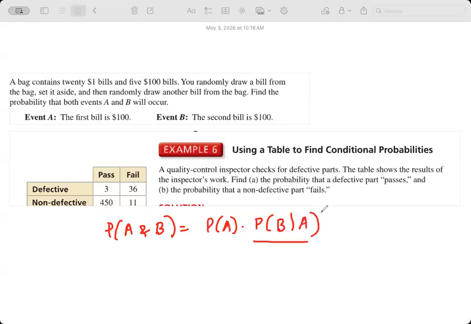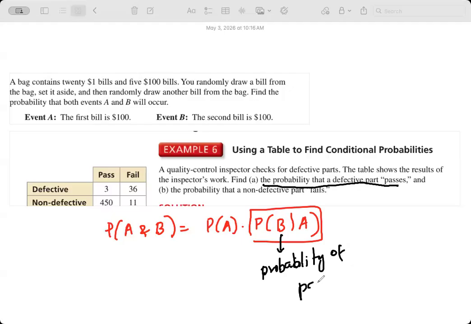They are asking this. But first I'll iron out what is B and A. Even today I do it like that. What is B and A? They're asking to find the probability that a defective part passes. The probability of pass, the probability of it being detected, the probability of being defective.